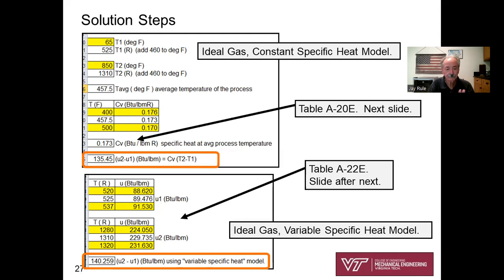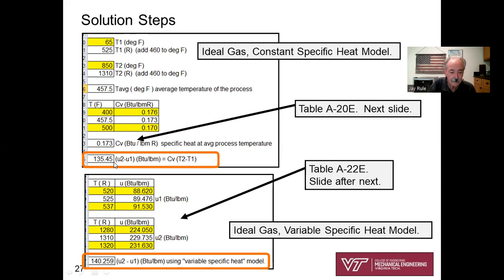Now, a little subtle: notice that for this calculation where you're using a delta T, a delta T in degrees F is exactly the same as a delta T in degrees R. I'm going to let you study on that and think about it a little bit. A change in temperature in degrees F is the same as a delta T in degrees R.